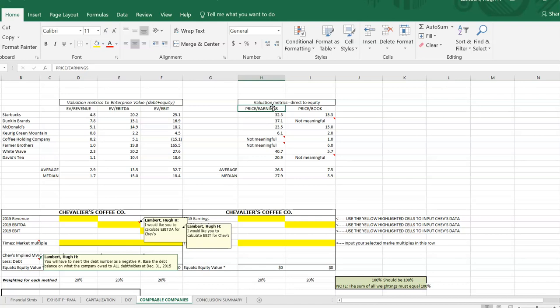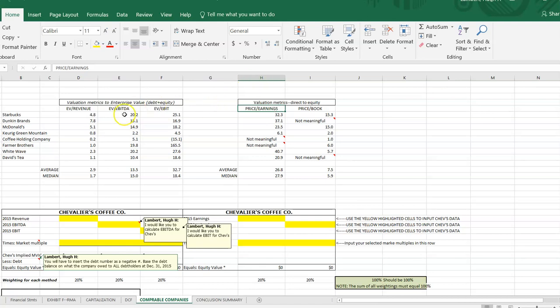Earnings per share is an accounting measure also that you've learned about. Price to book is a measure of strictly the equity capitalization of the company to the accounting book value, so that's assets minus liabilities. Now, there are also times when I've seen enterprise value to book value of invested capital, which would be book value of debt plus equity, but we're not going to go over that measure in this analysis.